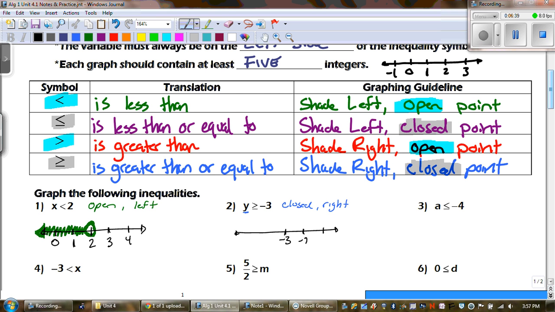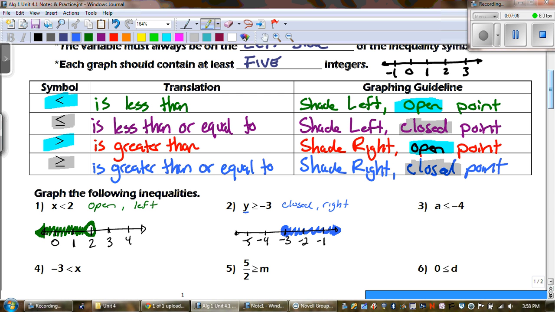Well, -3 plus 1 is -2. -2 plus 1 is -1. And then we just continue the pattern. Okay? Now, at -3, we said that it is closed. And then we shade to the right.